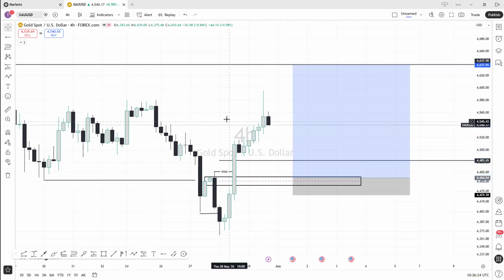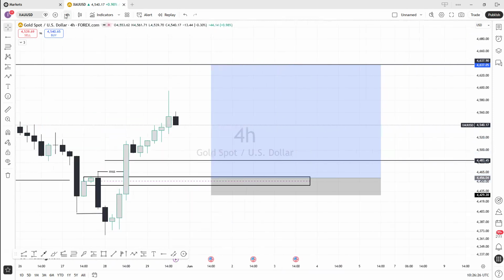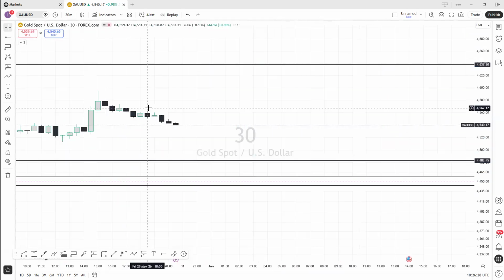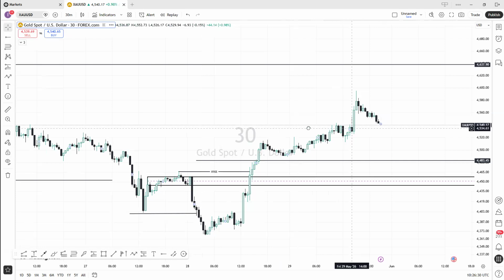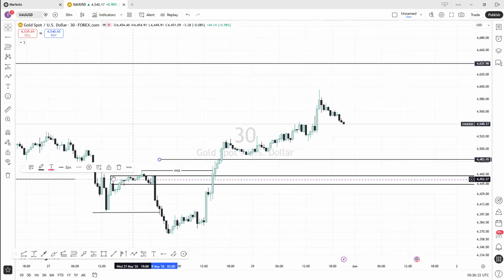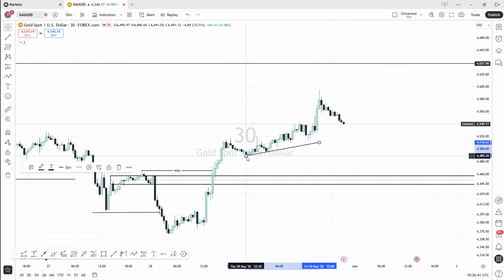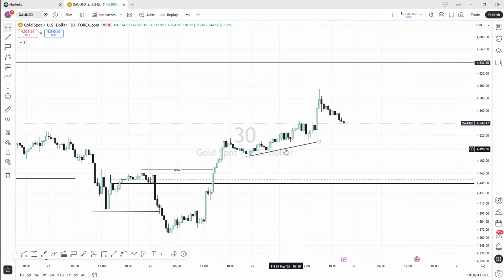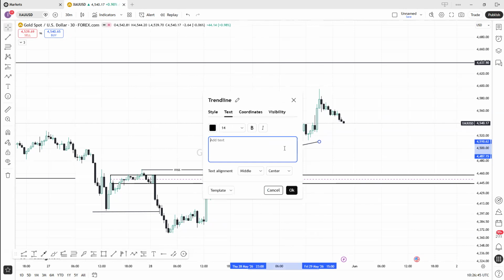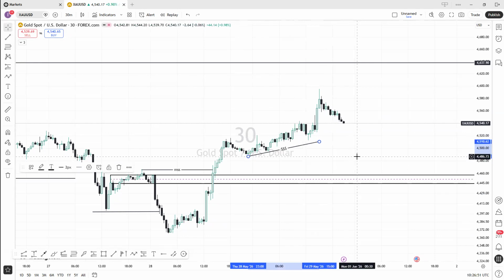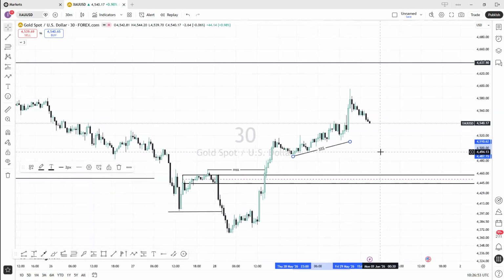Also, there's high probability of price to drop because we have liquidity below here. Let me show you. Here we have this liquidity. You can see this trend liquidity, which is not disrupted. Okay, so it acts as a magnet to attract the price to drop to this level to clear that liquidity.